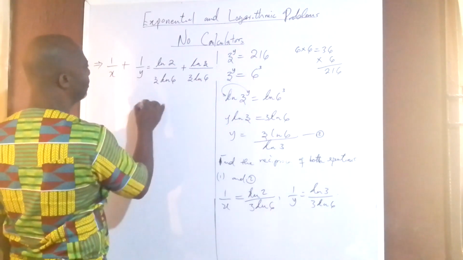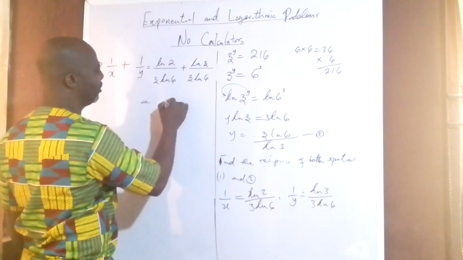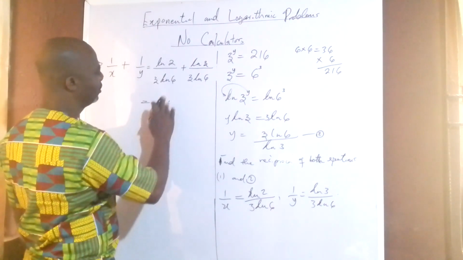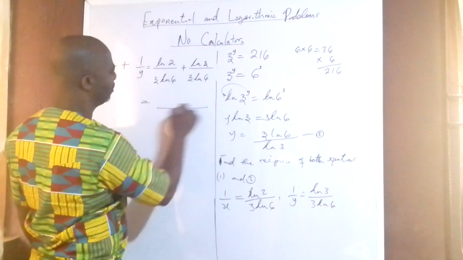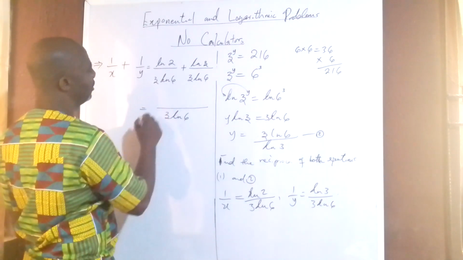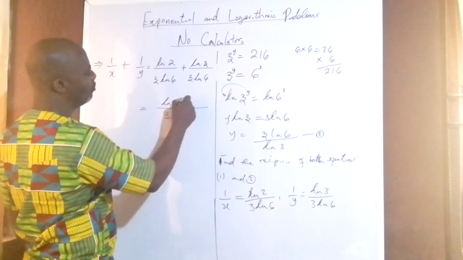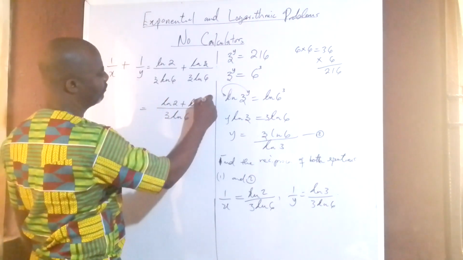You can see that the denominators are the same, so we can take the common denominator, which will be 3 ln 6. And then at the numerator, we're going to have ln 2 plus ln 3.